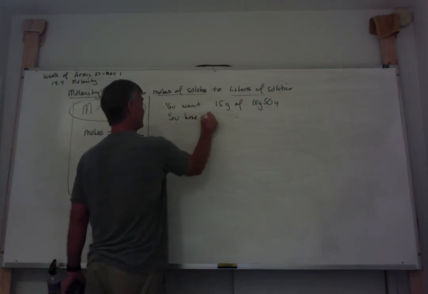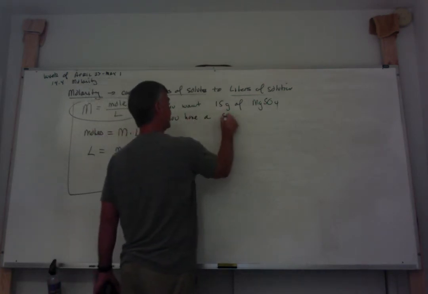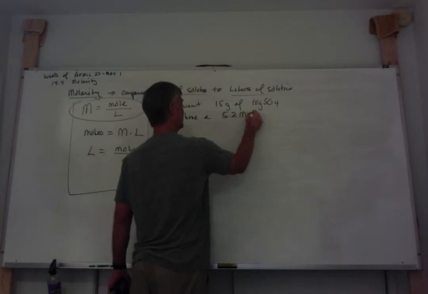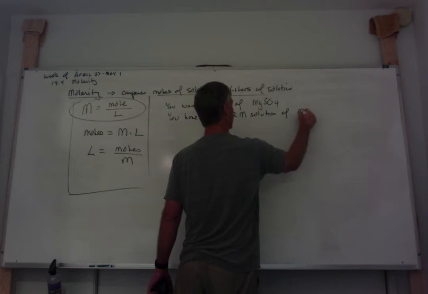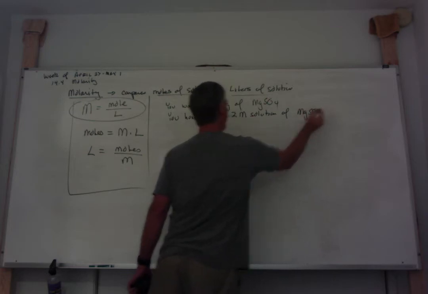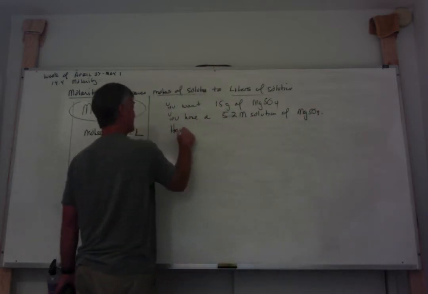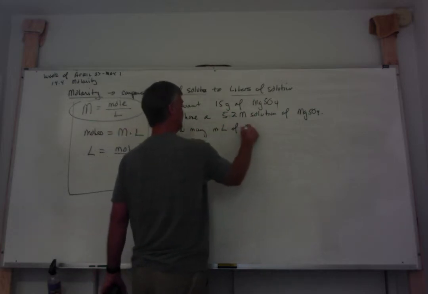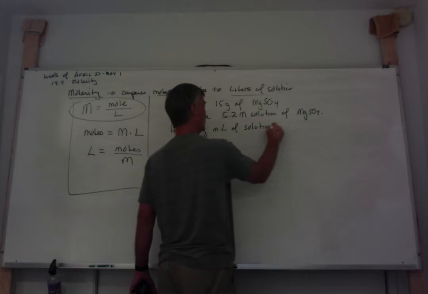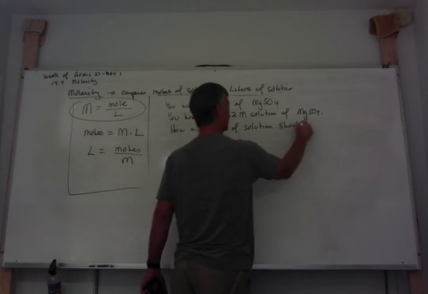You have a 5.2 molar solution of magnesium sulfate. How many milliliters of solution should you pour out, or should you use?